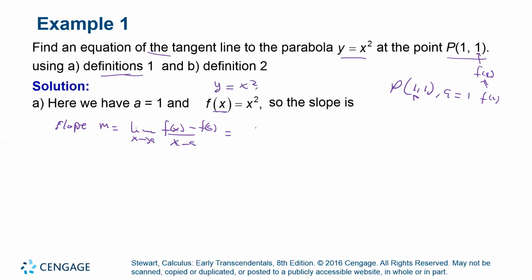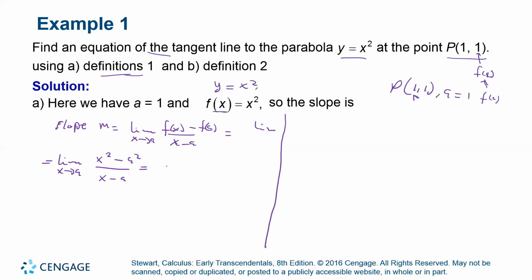Let me write this out. That is equal to the limit as x goes to a of x squared minus a squared, divided by x minus a.